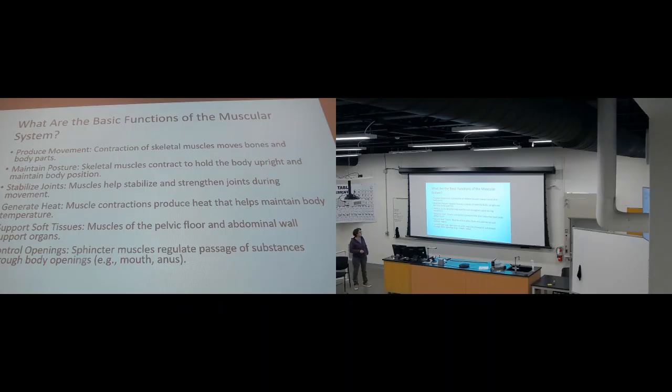Muscles also support soft tissues, like for instance, the muscles of the pelvic floor. They help to support all the internal organs that we have in the pelvic area, like the anus, the uterus, the vagina, the urinary bladder, the ovaries.